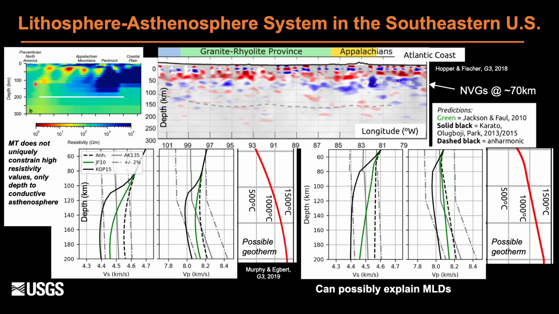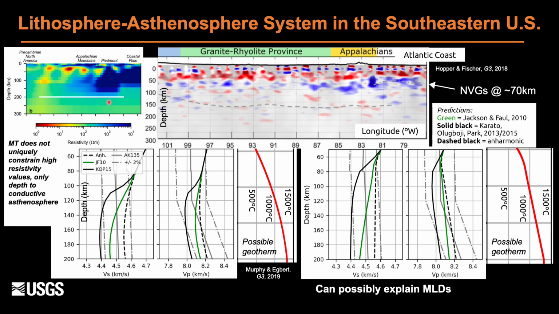We're more sensitive to conductive structures because the energy is soaked up in there. But in contrast, the high resistivity values don't really diffuse away electromagnetic energy. So when high resistivity values become this high, more than 10,000 ohm meters, we can't really constrain exactly how resistive they need to be. What we're really sensitive to here is the depth to the conducting asthenosphere, that is the depth to the 300 ohm meter mantle material.